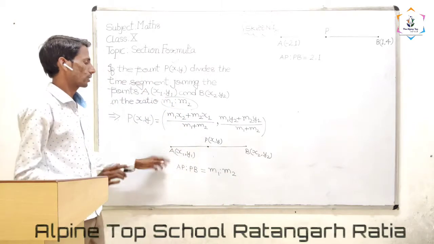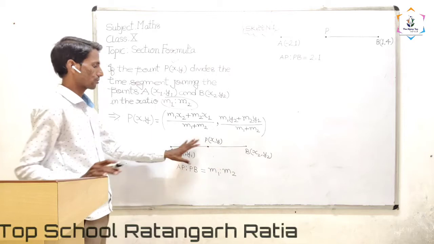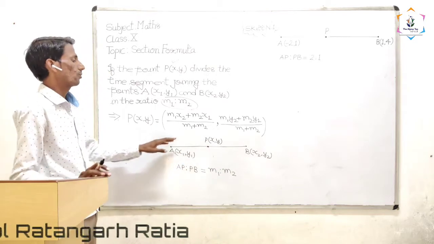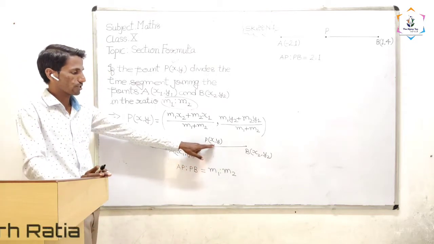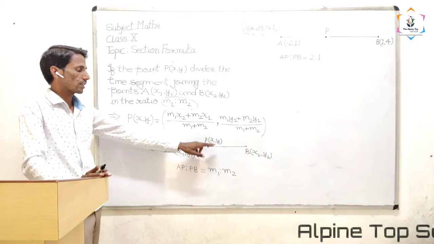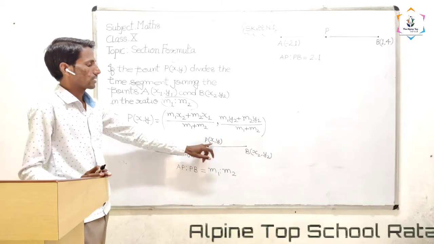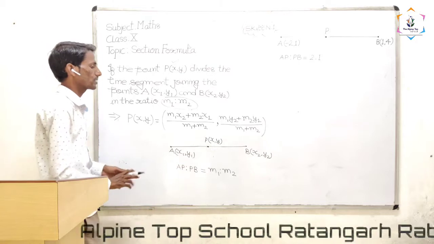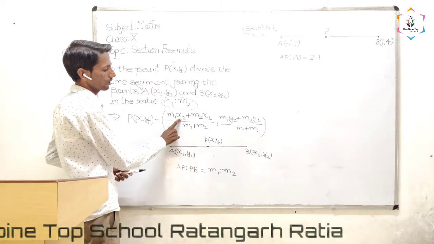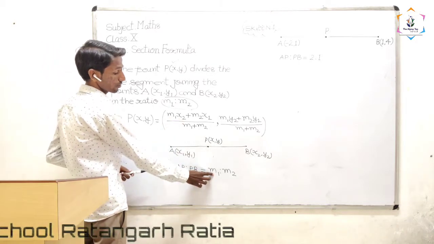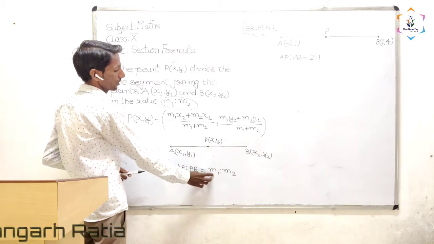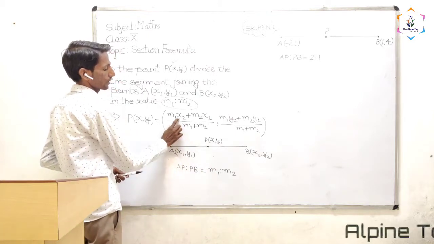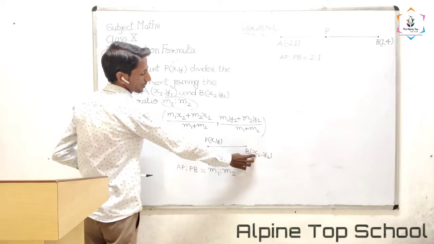In this case, according to this formula known as the section formula, how are we able to find the coordinates of this point P? It is directly mentioned here in algebraic form, x, y. The formula is m1 x2, which means m1 is the first element of the ratio, times x2, where x2 is the abscissa of the second point.